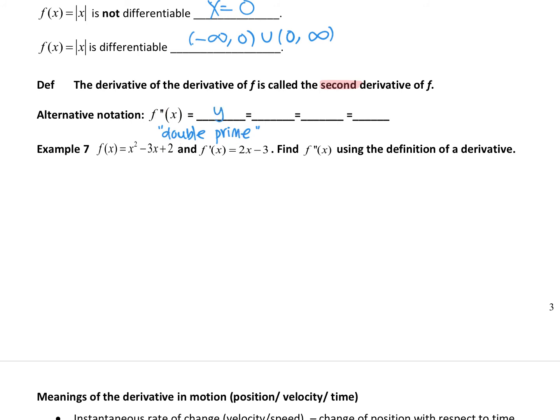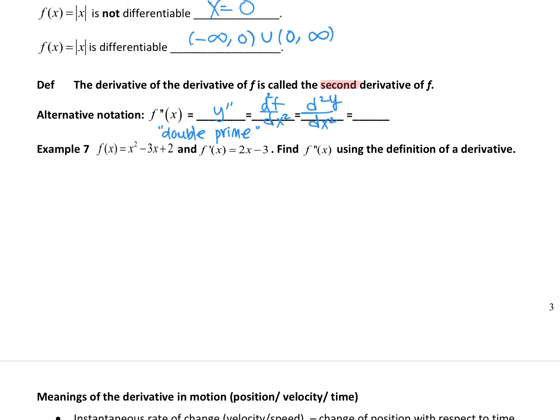Also, I can say it's y double prime, or d squared y over dx squared, indicating it's the second derivative. Same for d squared over dx squared of y, like this, right? So I'll probably use this notation and this notation the most often, double prime, okay? So it means take the derivative and then take the derivative again.